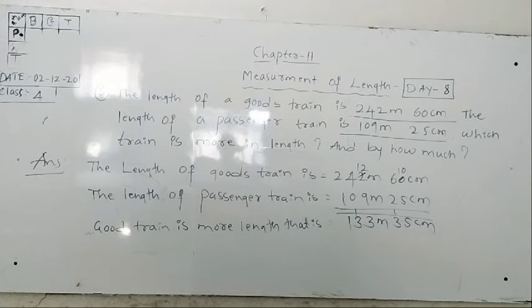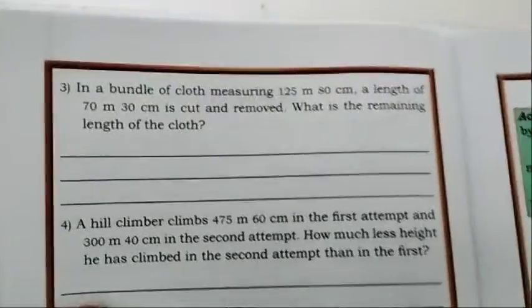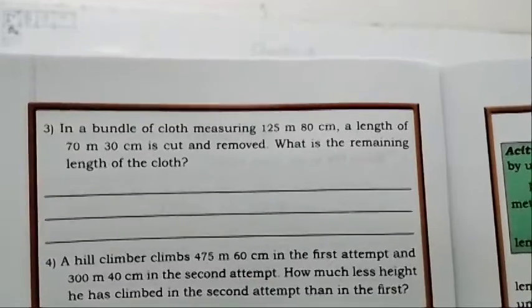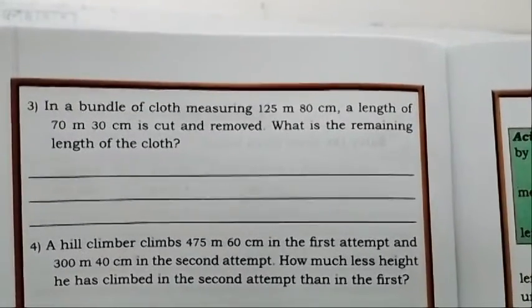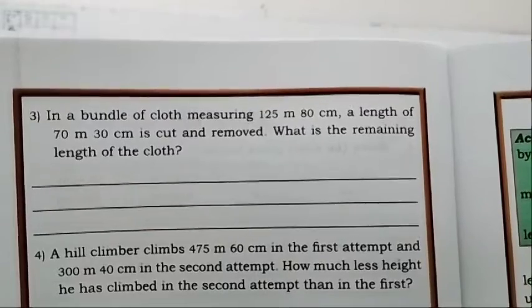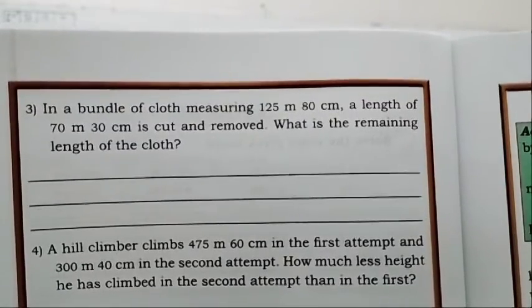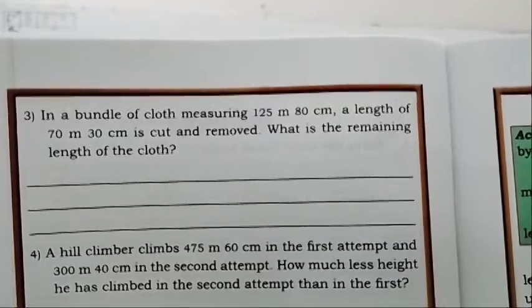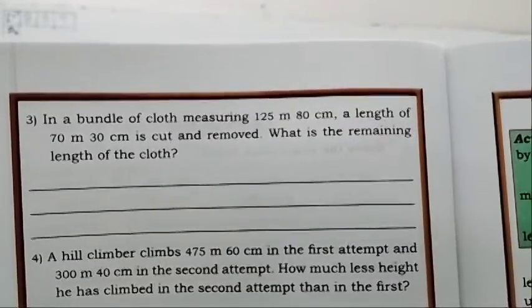Then your next two problems are there. Then what is there? Third: in a bundle of cloth measuring 125 meter 80 centimeter, a length of 70 meter 30 centimeter is cut and removed. What is the remaining length of cloth?